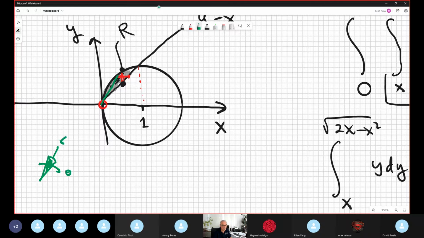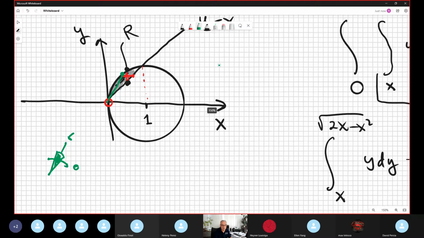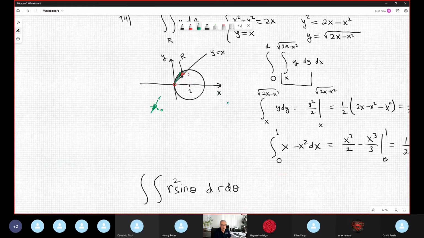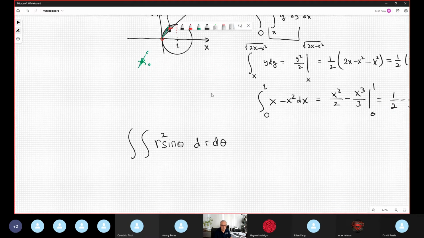R, theta. So I go from 0 to the r of the circle. But what is the r of the circle?